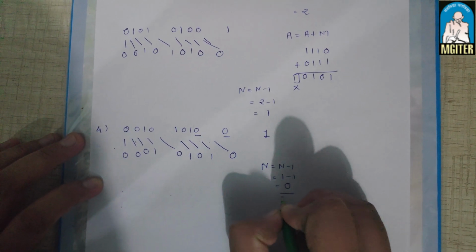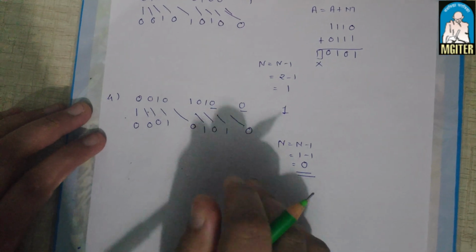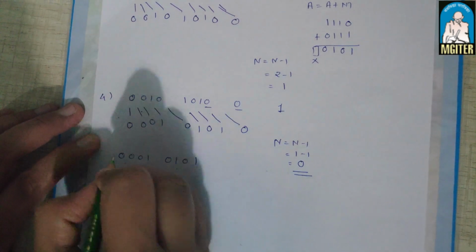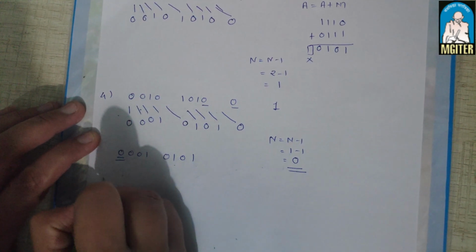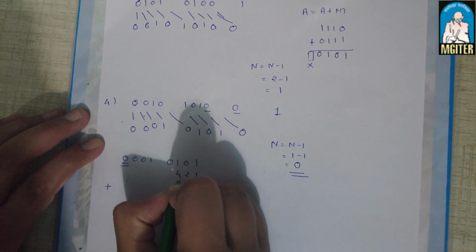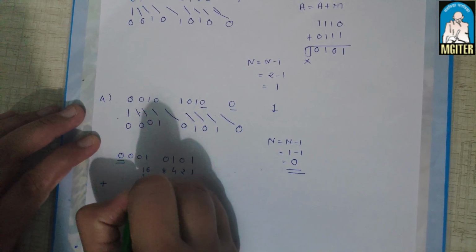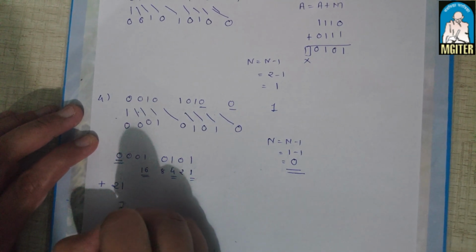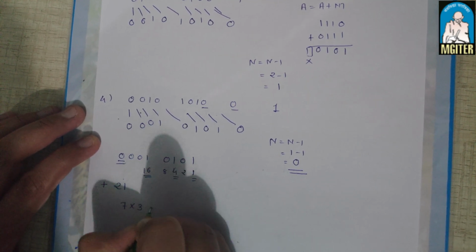Now n is equal to 0, so we end the algorithm and we get the answer 0 0 0 1 0 1 0 1, in which the leftmost bit is 0, which indicates plus, and here we have 1, 2, 4, 8 and 16. So 16 plus 4 plus 1 is equal to 21. So our answer is 7 into 3 is equal to 21.